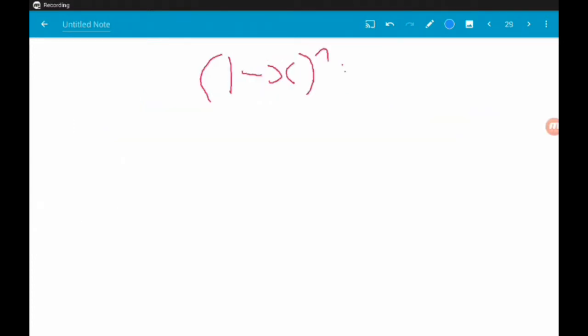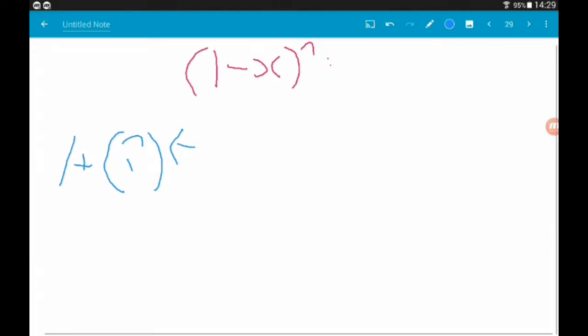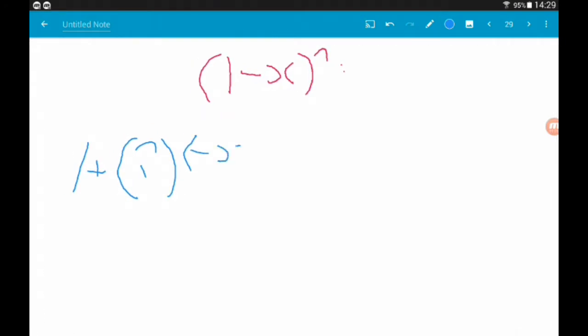Okay, so first example then, we're going to look at the expansion of 1 minus x to the power of n. So, using the formula on the previous page, we would have 1 plus n choose 1 times minus x. Then we're going to have plus n choose 2.